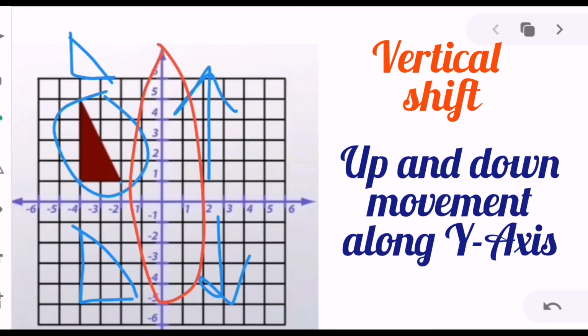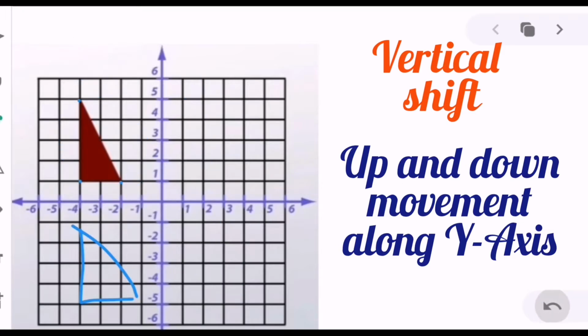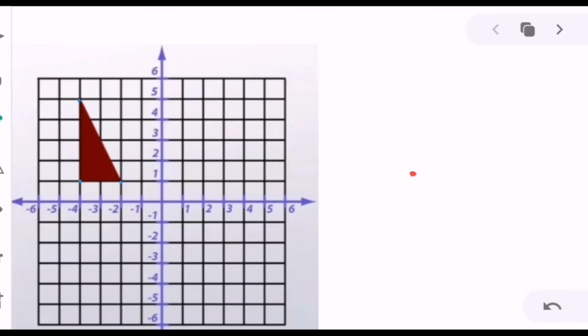This is our y-axis here, and we know the y-axis spans from zero origin going up and going down. So whenever we are moving our points either up or downwards, we have what we call the vertical translations.